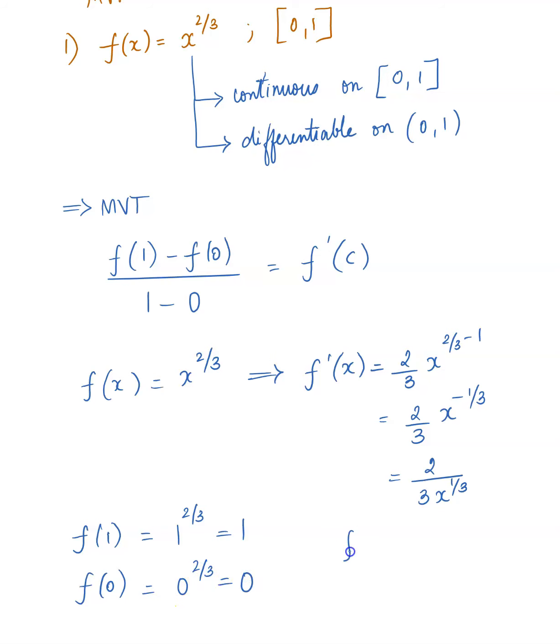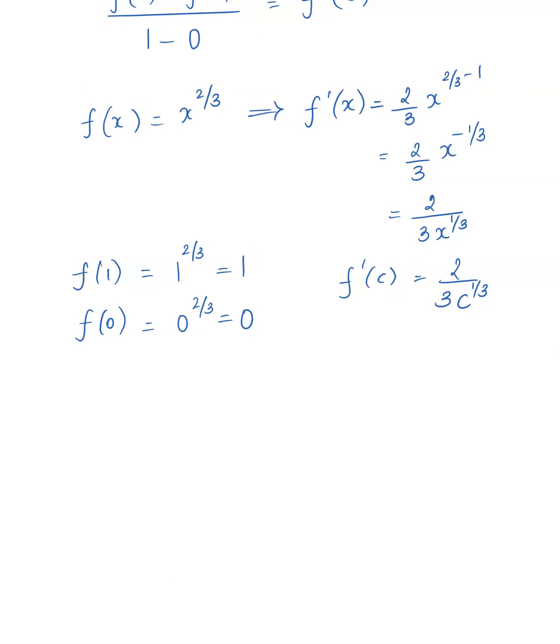And then f prime of c will be 2 over 3 c power 1 over 3, because you're plugging in c for x. We have all these values. Now let's put them in the MVT. So f of 1 minus f of 0 over 1 minus 0 is equal to 2 over 3 c power 1 over 3.